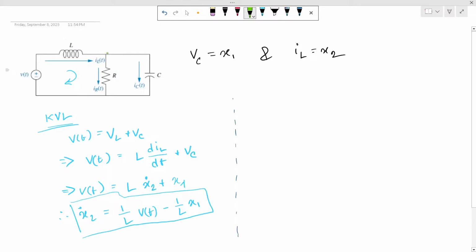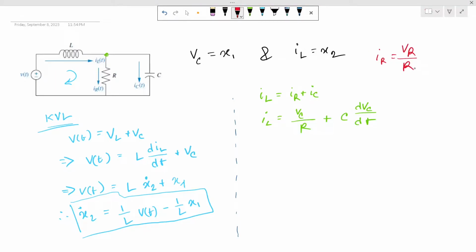Now I will apply KCL to this node. So here IL is equal to IR plus IC. IL is equal to Vc by R plus C dVc by dt. Here IR is equal to VR by R, but here VR and VC are the same, so VR is equal to VC can be written.